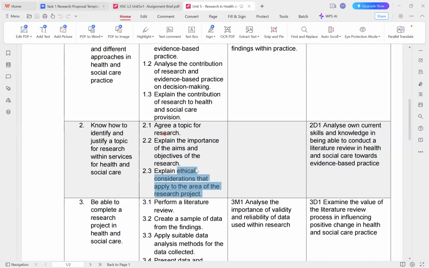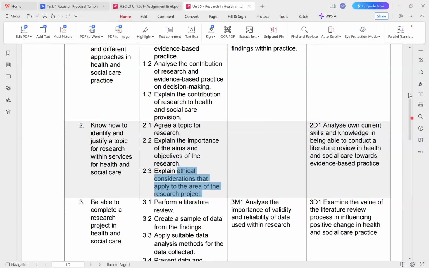And then explain the importance of the aims or objectives, or you could just explain why your research is important, within your organization, and also explain what ethical considerations there would be.